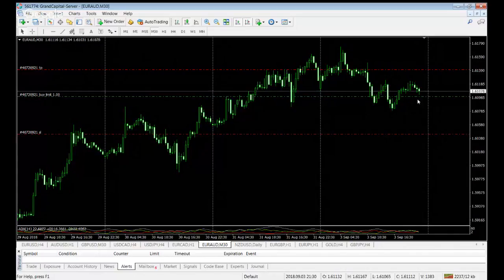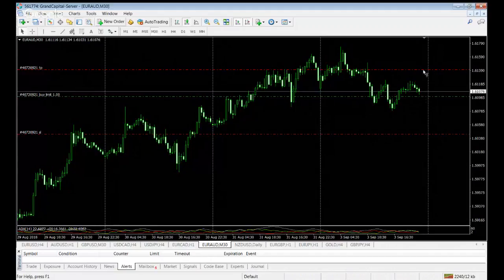As I've said, your buy limit has to be set below the current price, and your take profit will be above the current price and your buy limit price, while your stop loss will be below it. So you set your buy limit, it hits, and returns up.